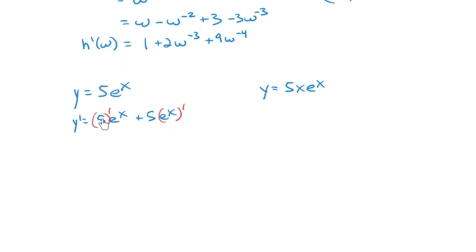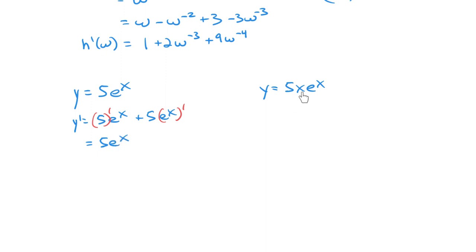The derivative of 5 is just 0, so it just goes away. So you end up with 0 times e to the x, which is just 0. You get 5e to the x, because the derivative of e to the x is e to the x. So with one like this, the 5 just goes along for the ride, and the derivative of e to the x is e to the x.